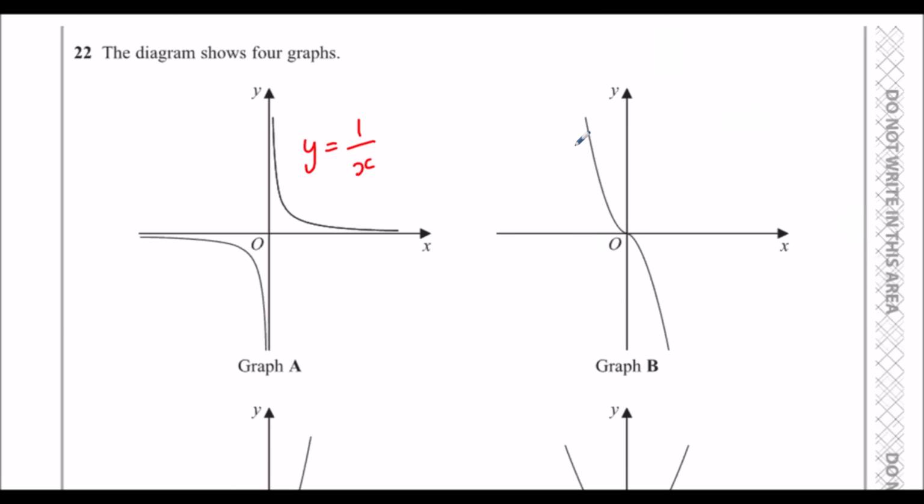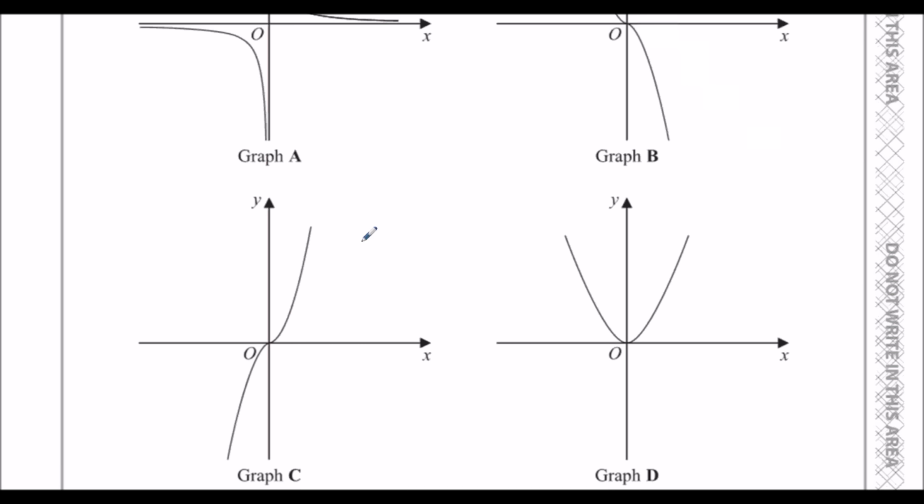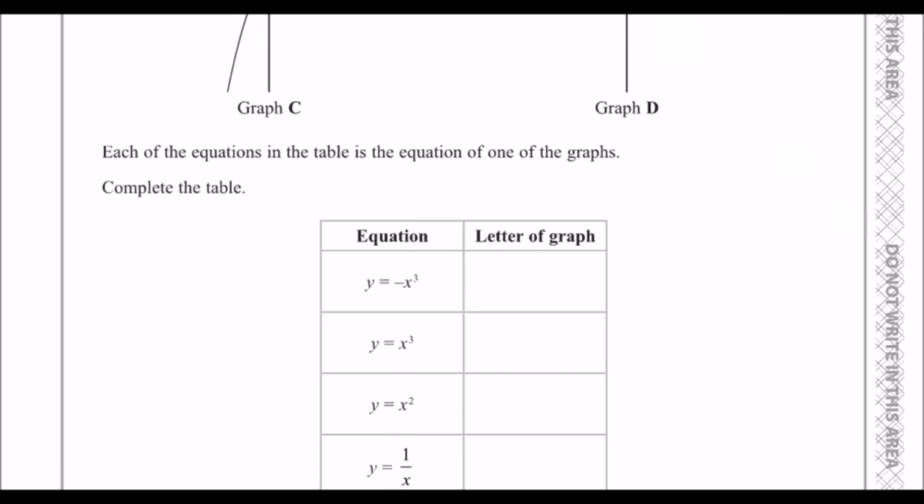Graph B is a negative cubic. Y equals minus x cubed. Graph C is the positive cubic. Y equals x cubed. And graph D looks like a quadratic, which will be y equals x squared.